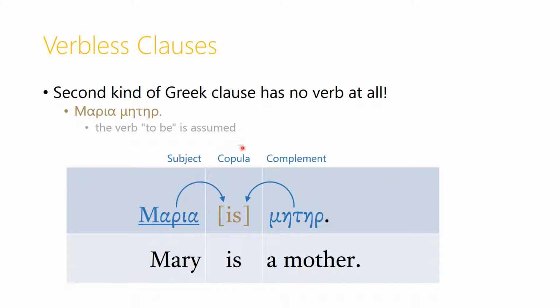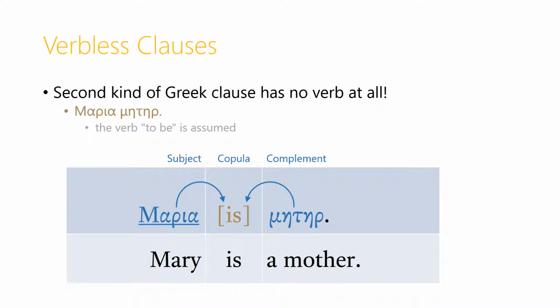What is it that is? That's the basic question that a verbless clause is trying to answer. So both the subject and the complement in a verbless clause are in the nominative case. That means that we have to decide from context which one is the subject and which one is the complement.